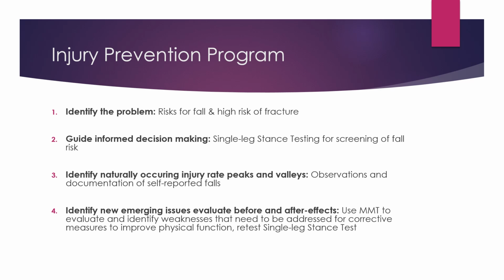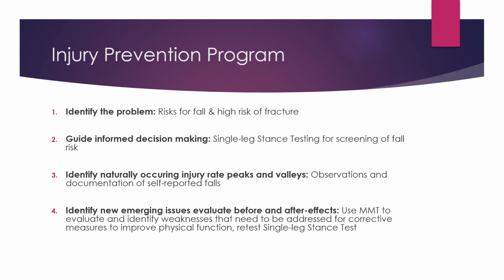Guiding our informed decision making would be using single leg stance testing for screening of patients for their fall risk, identifying naturally occurring injury rates or peaks. So the observations and documentation of self-reported falls, making sure we're really interacting and checking with our patients to see how things are going with them each time you see them.